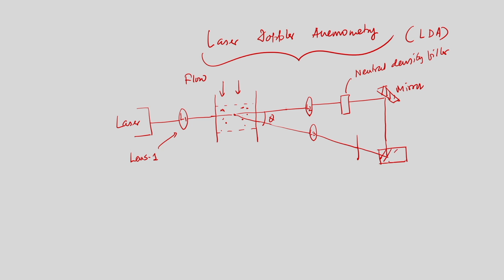So, this is the PMT, the photomultiplier tube, that is what we have discussed in the context of our flow module.